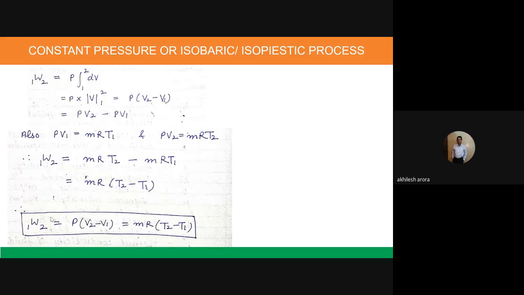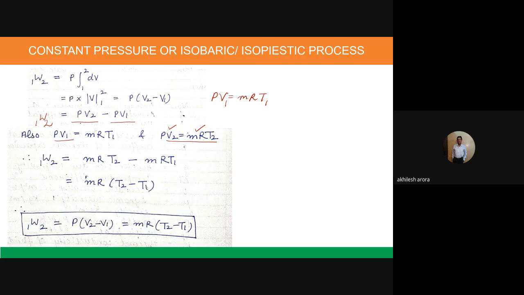Now once again, I have reached this particular point. W1 to 2 is equal to PV2 minus PV1. Now I know from the gas equation, PV is equal to mRT. So for PV1, the temperature is T1. Similarly, PV2 can be written as mRT2. This is the gas equation.